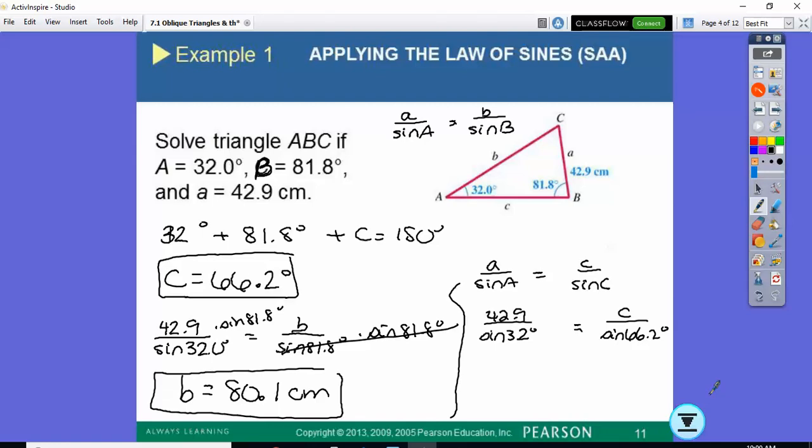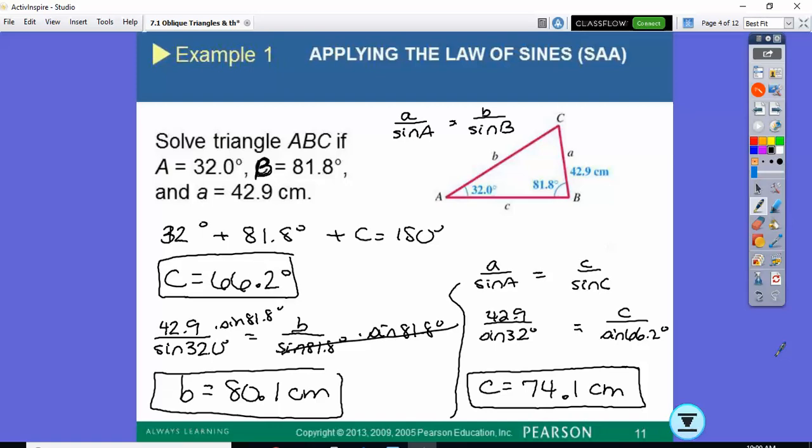So if we plug that in, multiply over our sine of 66.2, round to 3 significant digits, and we get 74.1 centimeters. When you multiply over the sine of C over here, are you multiplying it by the top and the bottom? No, it would just go on the top.